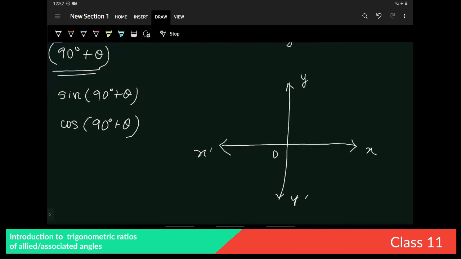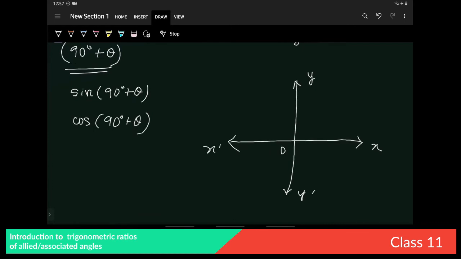So it is sine of 90 plus theta. Under which quadrant is this angle falling? See, this is 90, and it is given 90 plus theta, so it is somewhere in this quadrant, that means the second quadrant. In the second quadrant, according to the sign convention, sine is positive and cosec is positive.